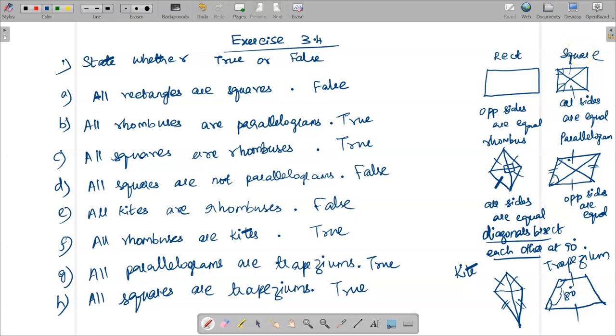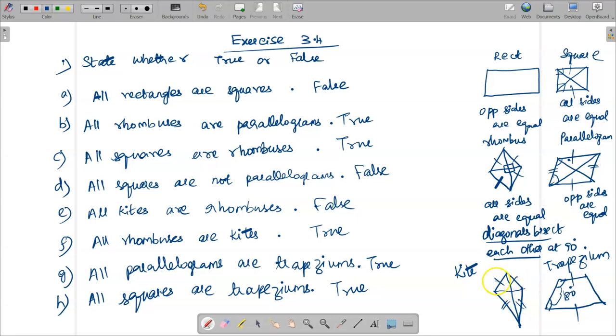I hope you have understood the problem. You should compare all the properties of different shapes. Rectangle means opposite sides are equal, diagonals bisect each other. Square means all sides are equal, diagonals bisect each other at 90 degrees. Rhombus means all sides are equal, diagonals are perpendicular to each other. Parallelogram means opposite sides are equal, opposite angles are equal, adjacent angles add up to 180 degrees.